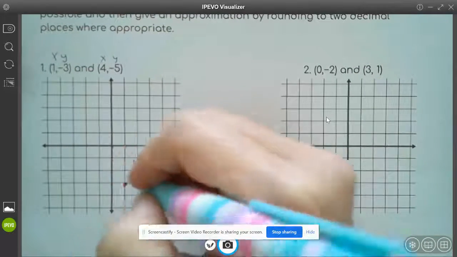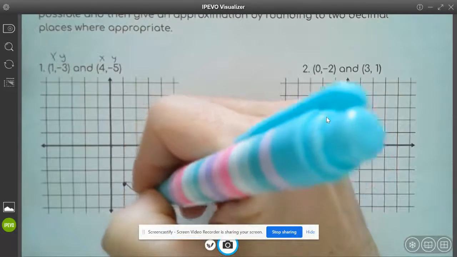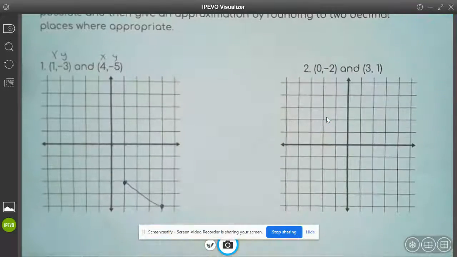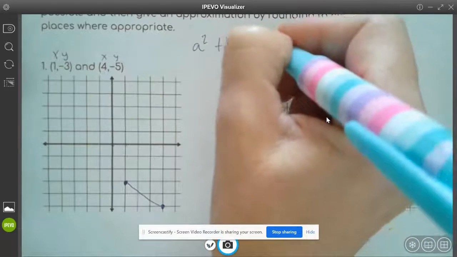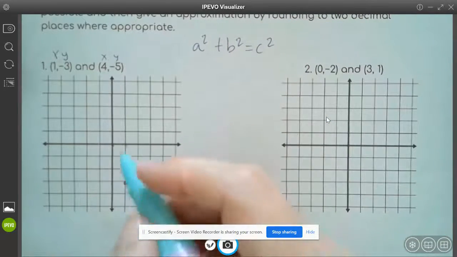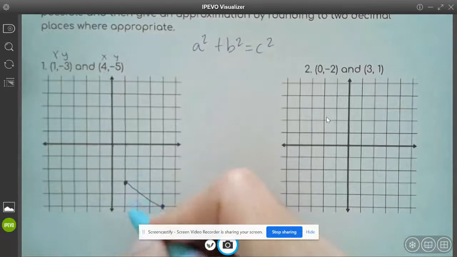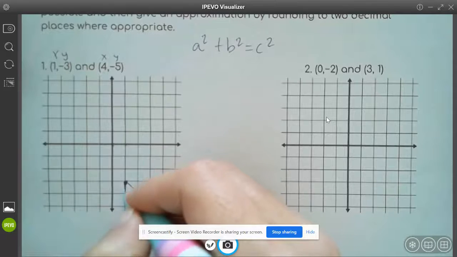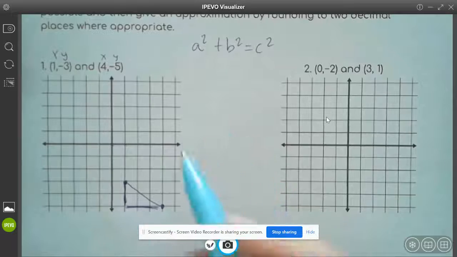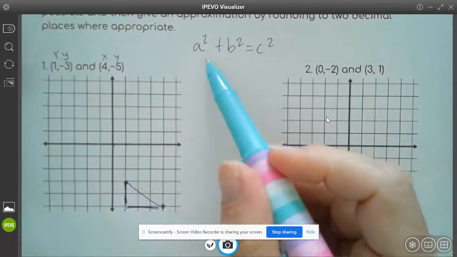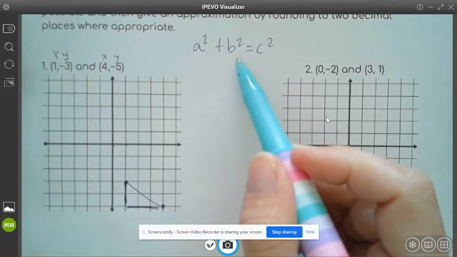Now, I'm going to find the distance between these 2 points right here. So the way I'm going to do that using the Pythagorean theorem, remember a squared plus b squared equals c squared, is that I'm going to use the slope, the units of the slope. So here 2 and 3 right here, to plug in for the legs for the triangle.